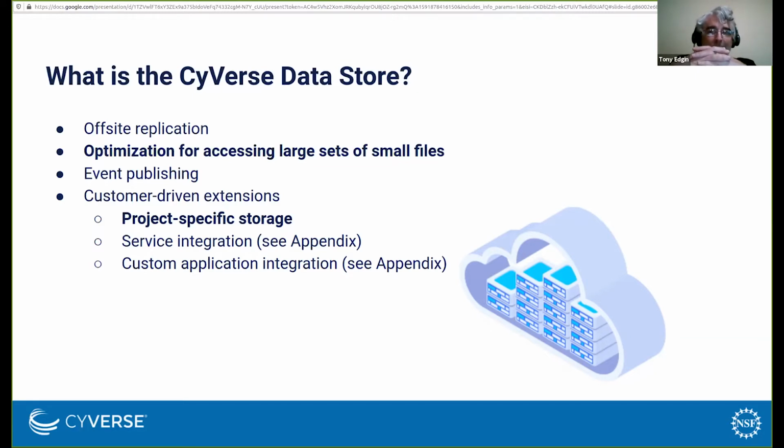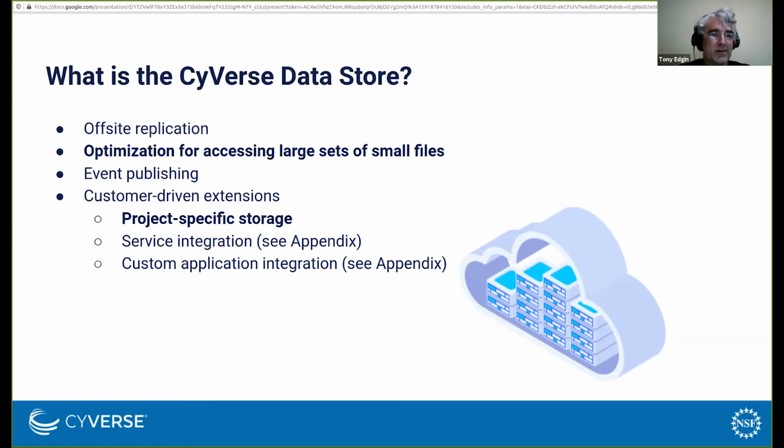All data objects in our main resource are replicated to Corral at TACC, as Chris Jordan mentioned yesterday. And we make use of DavRODS to significantly reduce the amount of time it takes to download large sets of small files. We also use rules attached to policy enforcement points to publish change events to an AMQP broker.